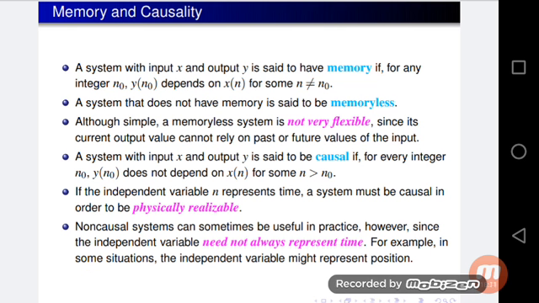A system which has a memory element is a memory device. A system that does not have any memory devices is called a memoryless device.